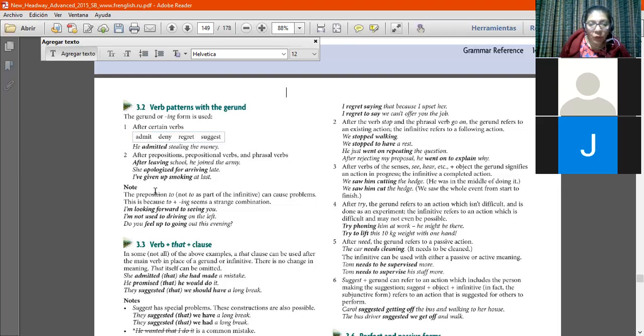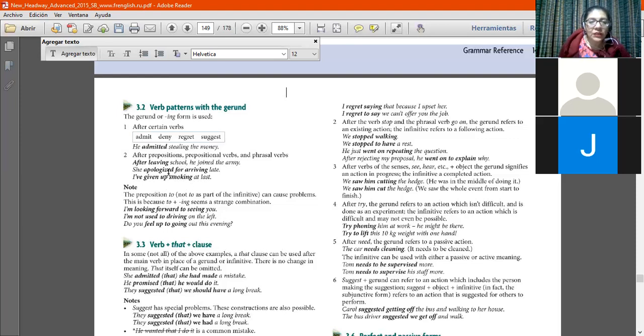I've given up smoking at last. I've given up. This is a phrasal verb. I've given up, por vencido o abandoné, fumar. Ahí está. El ing no lo combinamos como verbo. Es at last, por fin. El fumar. En general sería el fumar. The ing form.